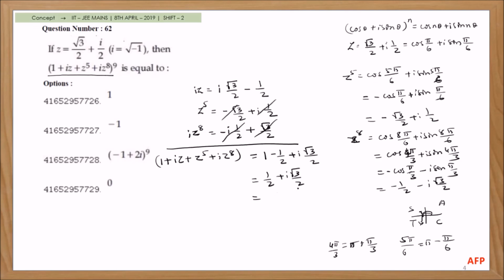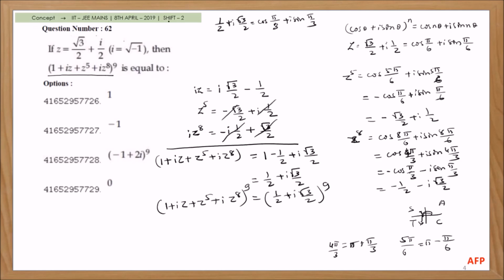So 1 by 2 plus i root 3 by 2 is equal to cos 60 degrees plus i sin 60 degrees. Now we will take this power, 1 plus i into z plus z raised to 5 plus i into z raised to 8, whole raised to 9. This is nothing but 1 by 2 plus i into root 3 by 2 whole raised to 9.